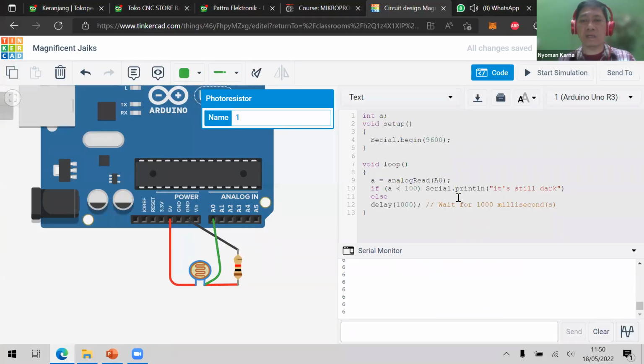So we're going to else if A less than, let's say, 200, else it's too bright.